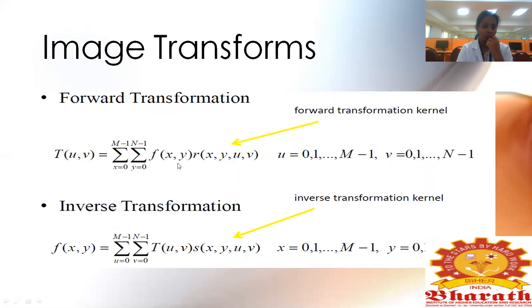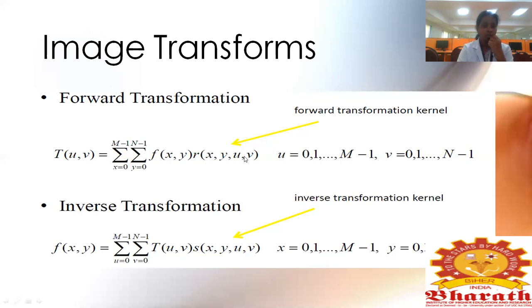This is the representation of the original image. From this image, I am going to apply a transform to f of x comma y and construct t of u comma v. The transformation that I am going to apply on this image is r of x comma y comma u comma v, right?